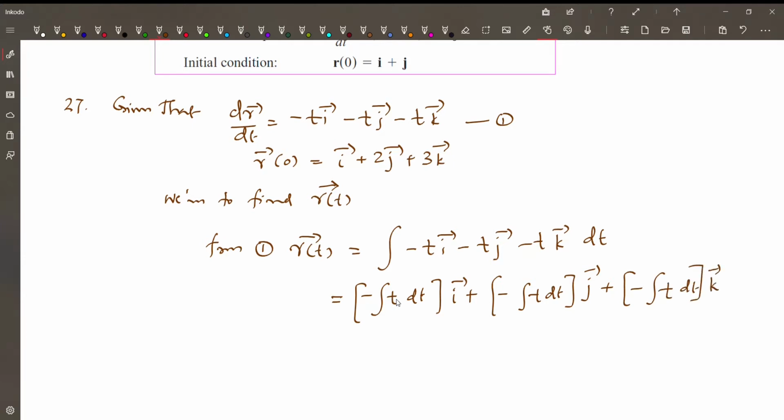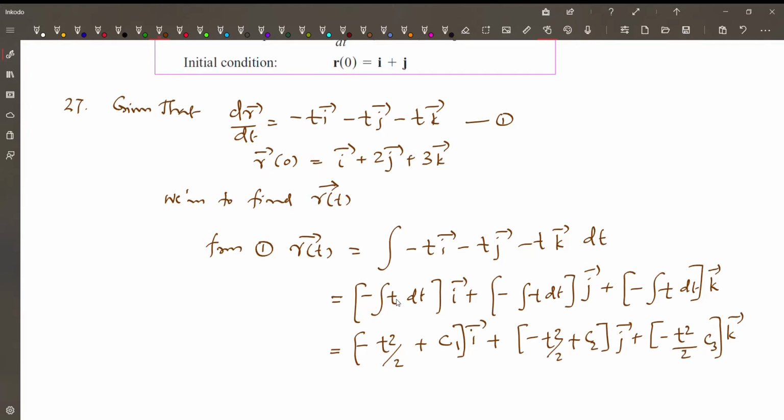So this is equal to minus t square by 2 plus c1 i plus minus t square by 2 plus c2 j plus minus t square by 2 plus c3 k.